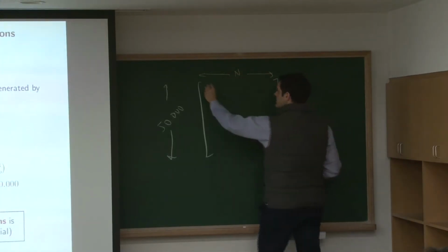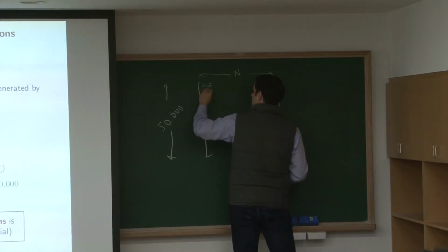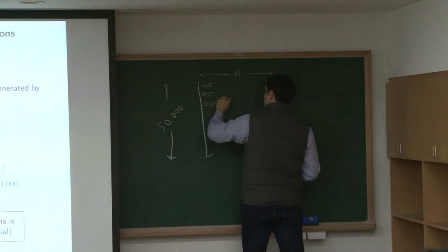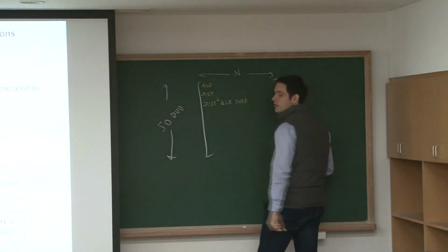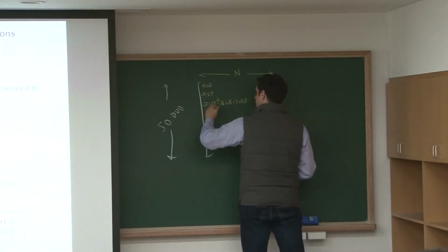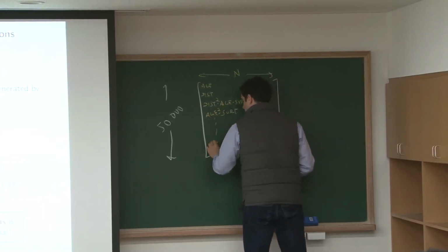So here you will have, for instance, let's say age, distance squared times age times surface. So this is a monomial of degree 4. Then age squared times surface, etc., etc. Okay?